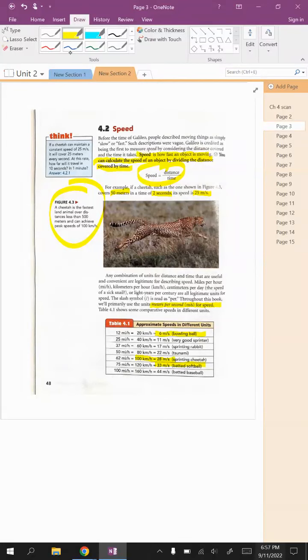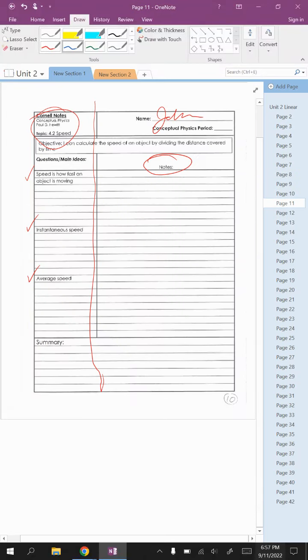So how does this translate to our notes? Speed is how fast an object is moving. So then I would put my notes in here. You can make a note about Galileo, and how speed is calculated. You don't have to have nice handwriting like me.